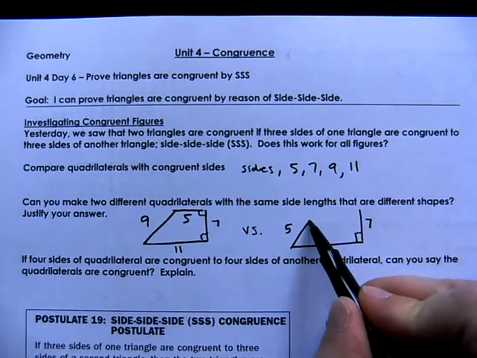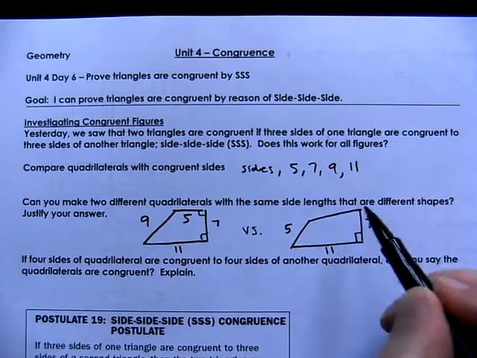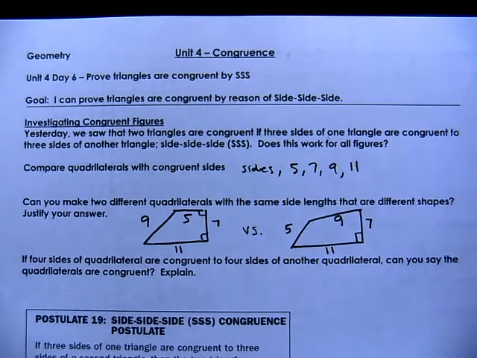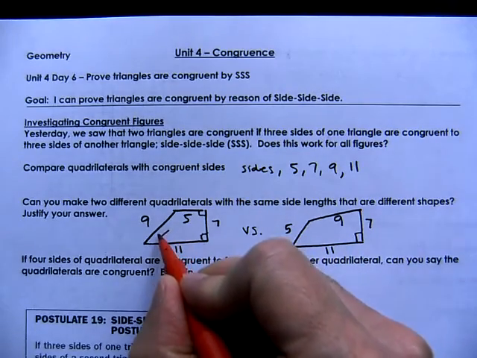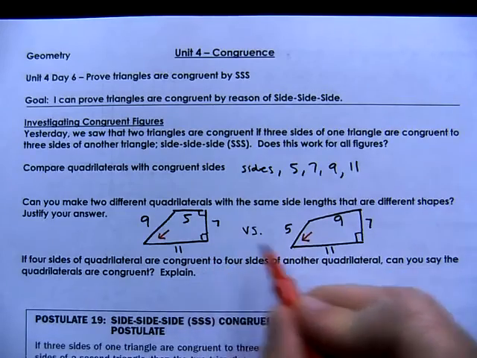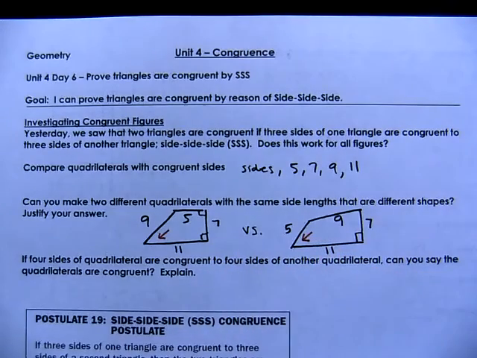And then the length of 9, which is longer, will be something like that. Now what you want to observe is not just the sides, but the angles between the sides. If you were to compare these angles, it turns out these angles are not congruent.